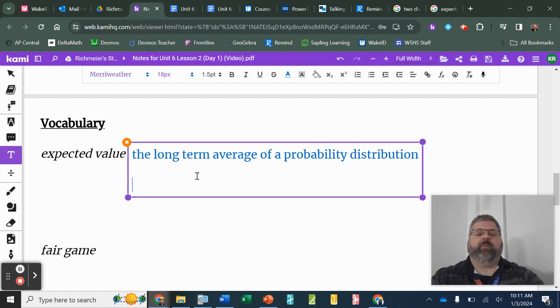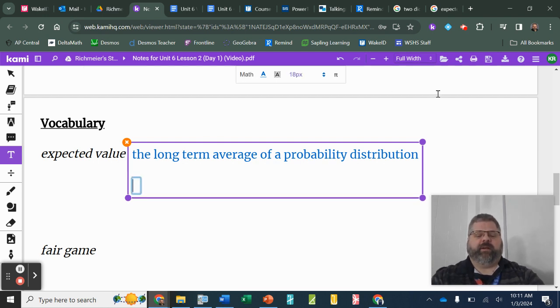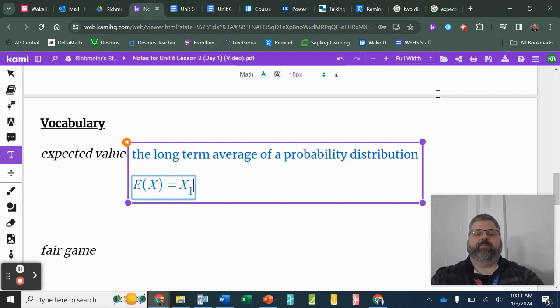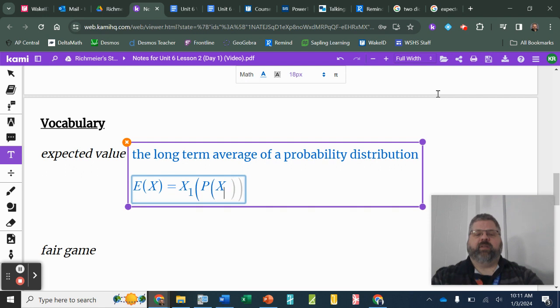And there is a formula for expected value. The way the formula for expected value is we represent it with E and then our random variable X. And what we're going to say is that we're going to look at x sub 1 times the probability of x sub 1.